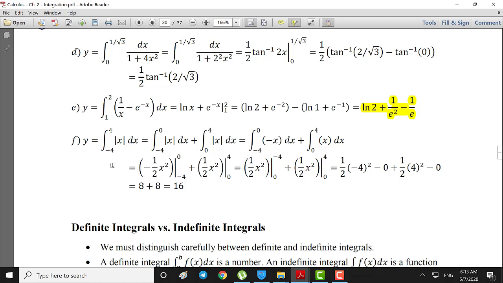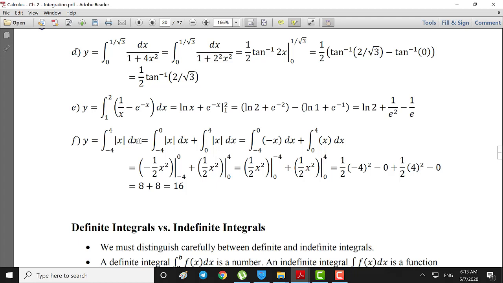Now, let's go to part F of this exercise. It says calculate the integration from minus 4 to 4 of absolute value of x dx, right?